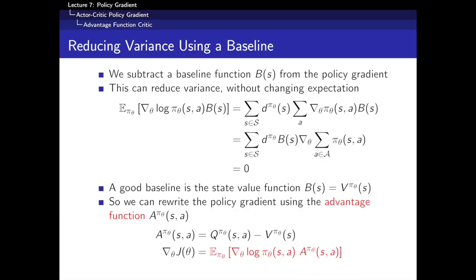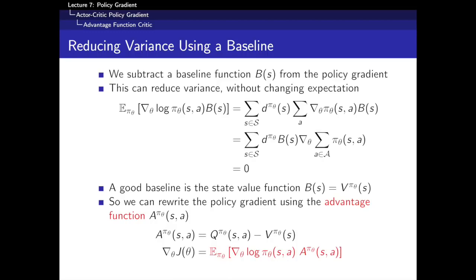Very briefly, if we just expand this out, our expectation is again an expectation over states, multiplied by the gradient of our policy, multiplied by the baseline. We can pull the baseline outside of this sum because it doesn't depend on the action. We can pull the gradient outside of this sum, and then we know that our policy sums up to 1.